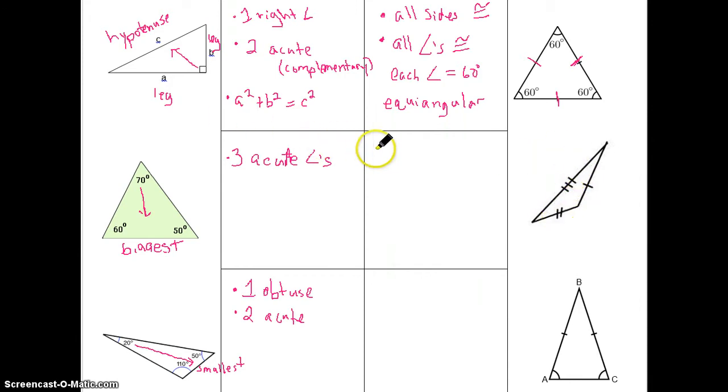Okay, that type of triangle is called scalene, and scalene triangles have no congruent sides. So all 3 of them are different. And if none of the sides are congruent, that also means that none of the angles are congruent. So no congruent angles. Every one of those angle measurements will have to be different.